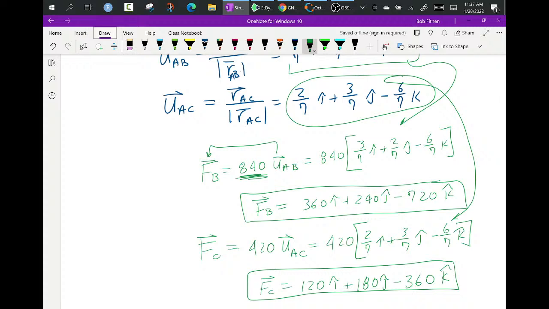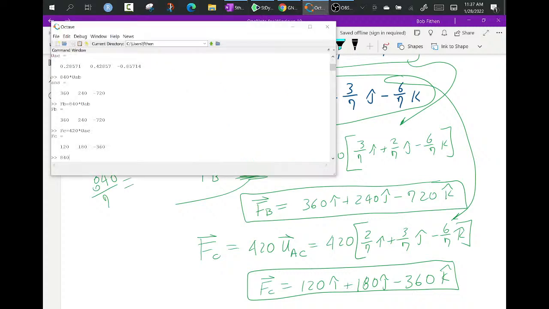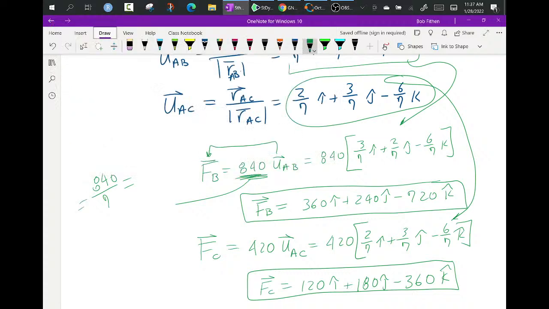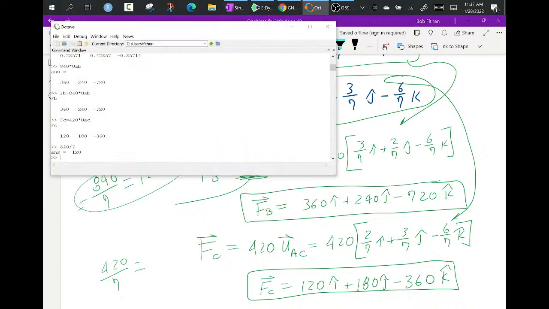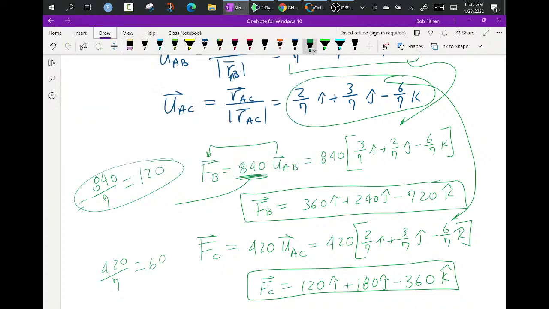It turns out that if you take 840, this number, and divide by 7, you get an integer of 120. So that's what's happening here. And then if you take 420 divided by 7, you get 60. And that's what he's planning on doing.